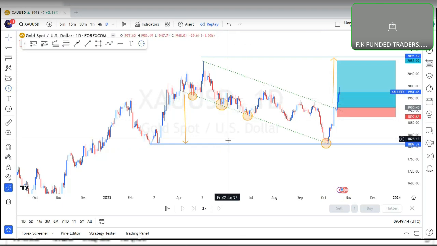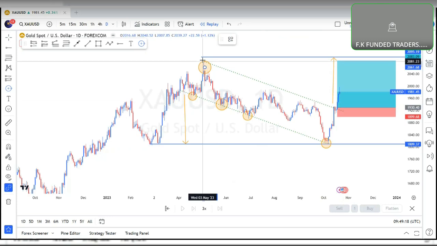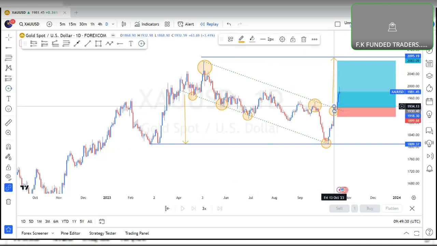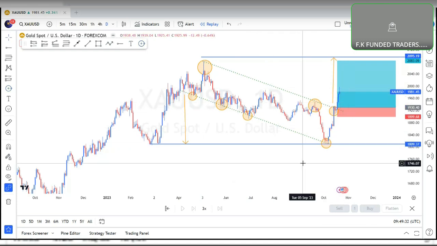You see, we're having 4 touches below and 2 above. If I mark wedges, I see only 2 that we are serious about. Then this one might be the third one. However, it was the current move, so I wouldn't count it.